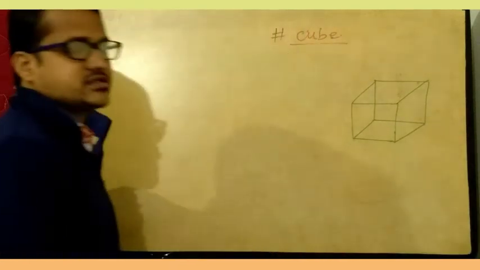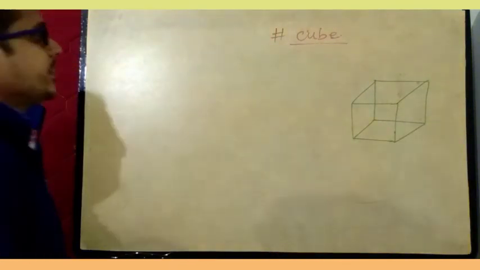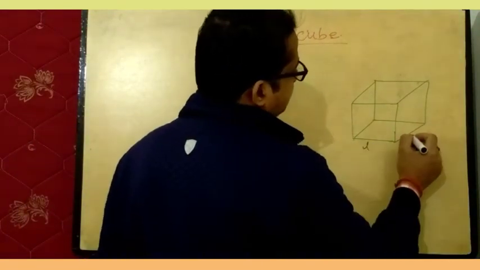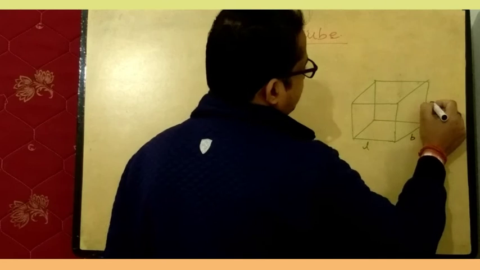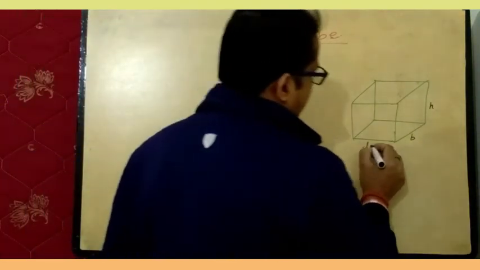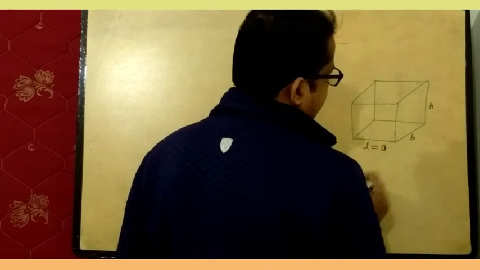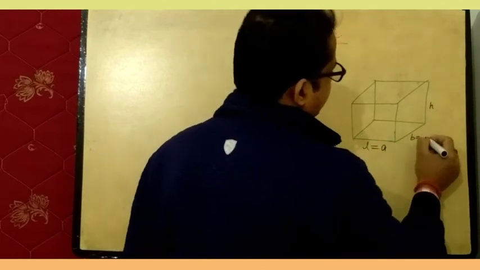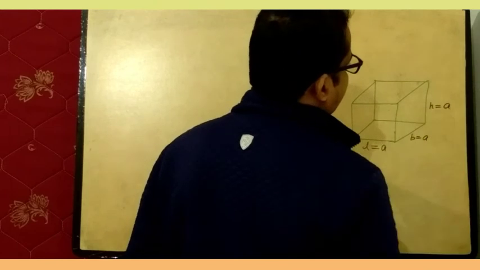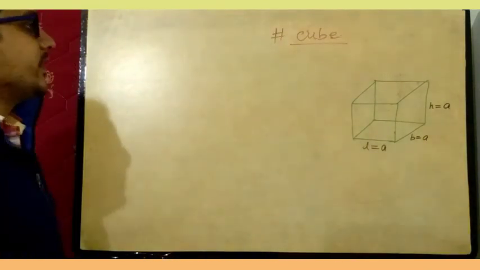All these three dimensions are equal. Suppose this is the length of this cube, this is the breadth of this cube and this is the height of this cube, and all these three dimensions, that is length, we consider equal to a, breadth is also equal to a, as well as height is equal to a.